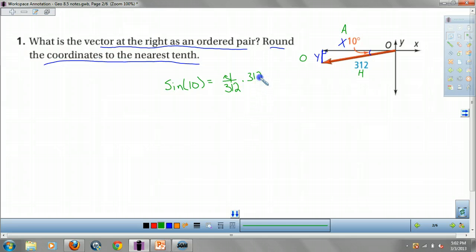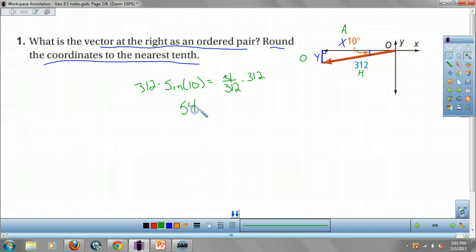Times both sides by 312, and I get about 54.2 for my Y. Okay?